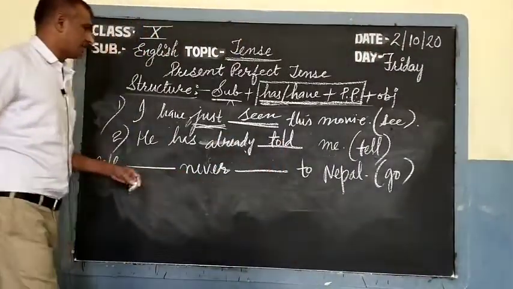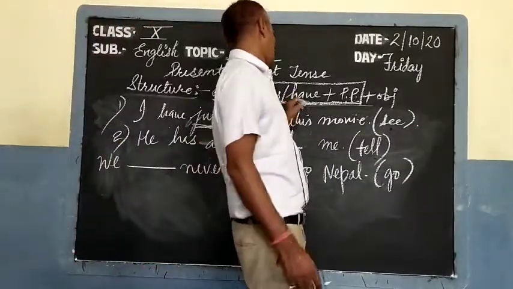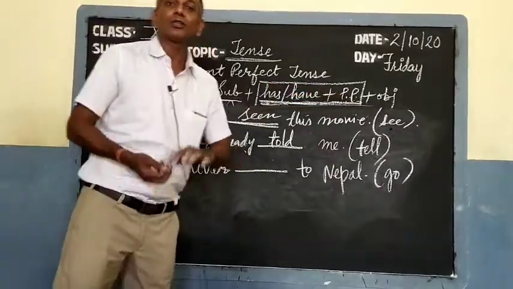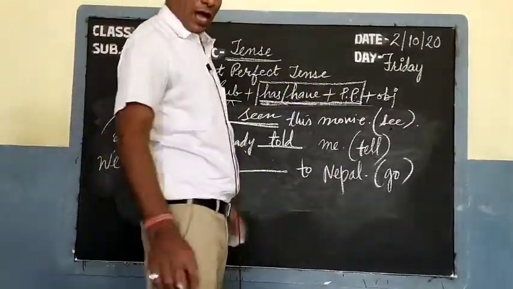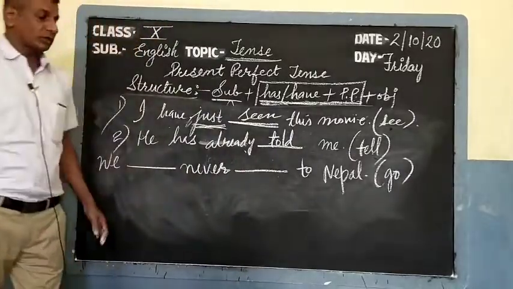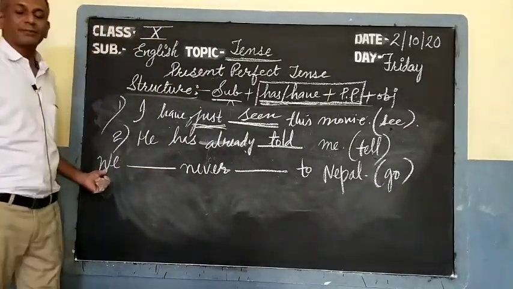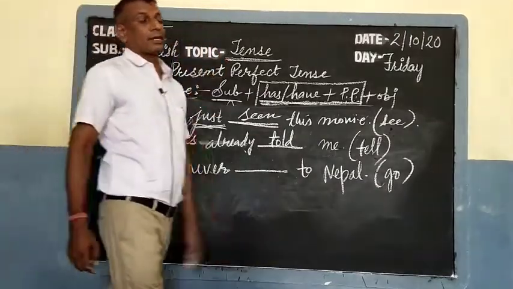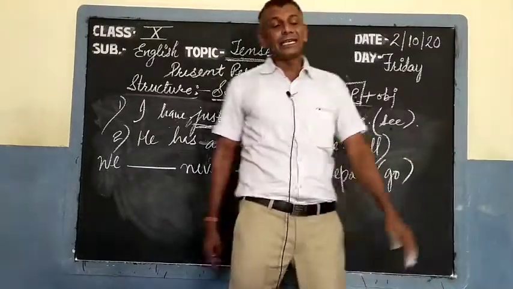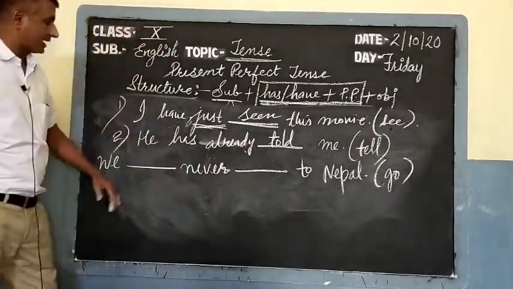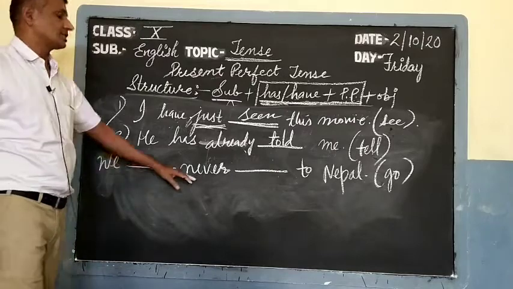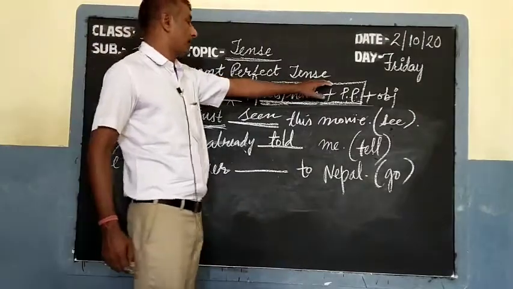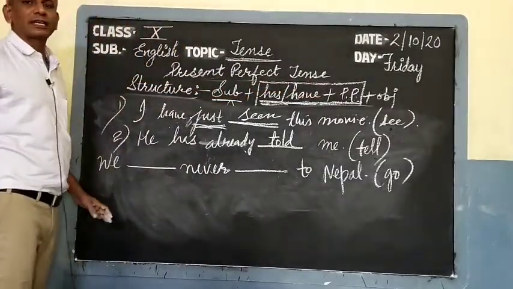We have not been given has/have, the auxiliary, nor the main verb. So how do we fill it? Students, never is used in present indefinite also, but there it is right with the subject. Here there is a blank after the subject, meaning we are going to fill a verb. So this is not present indefinite. The word never shows the place of present perfect tense.